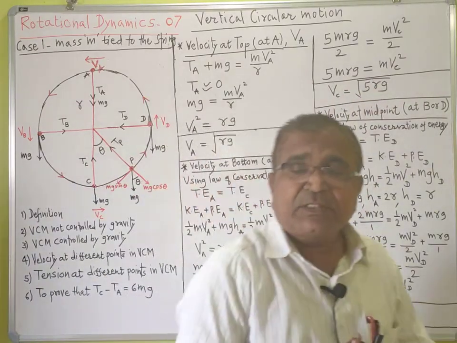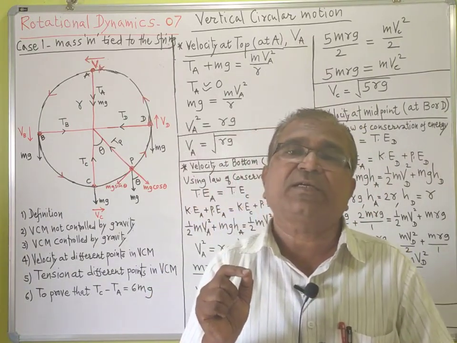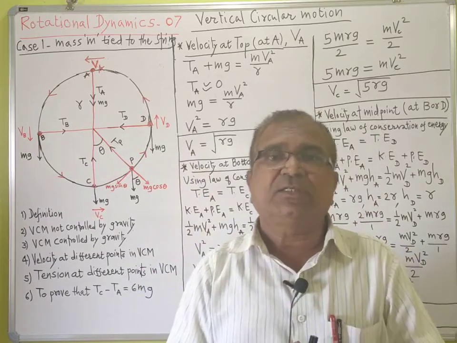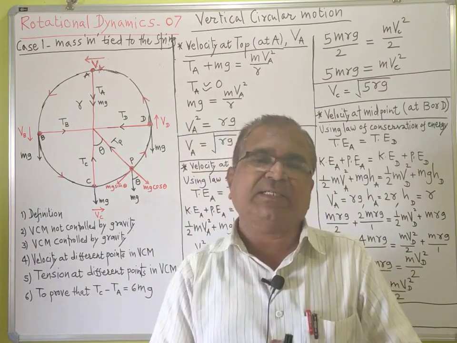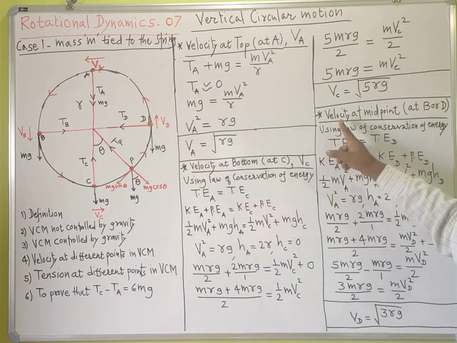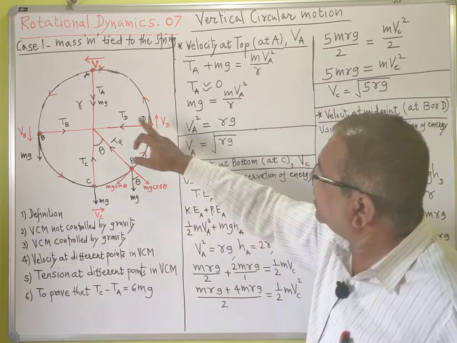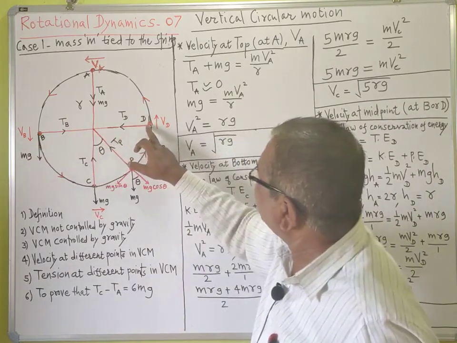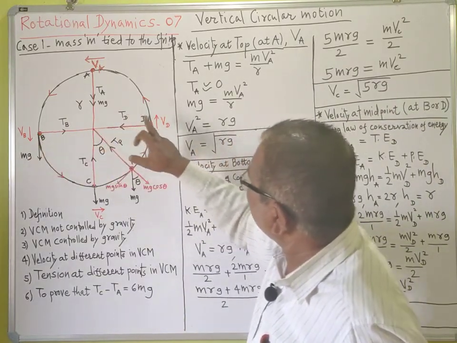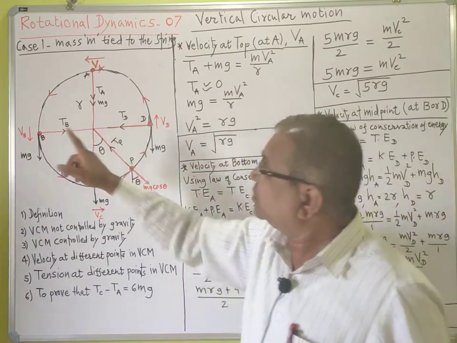Okay, then we have to calculate the velocity of a particle at midpoint during vertical circular motion. So I will give a title like this: velocity at midpoint, here or here, at point B or at point D. These two velocities are equal.